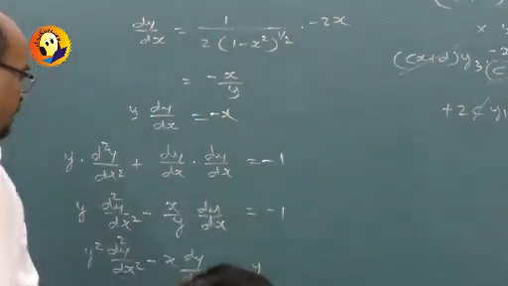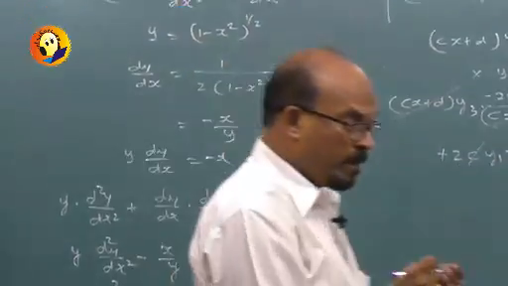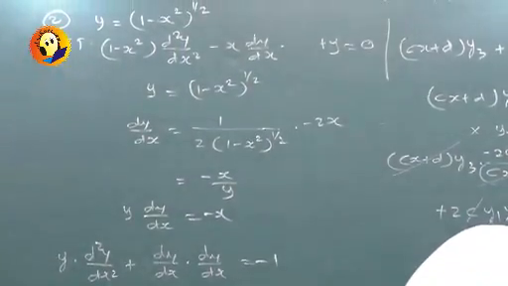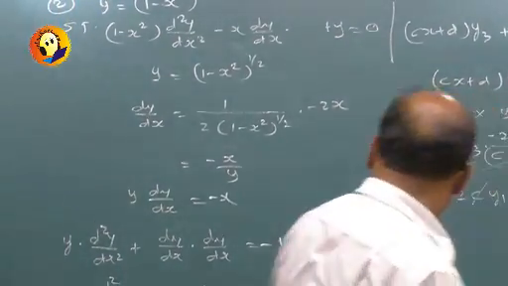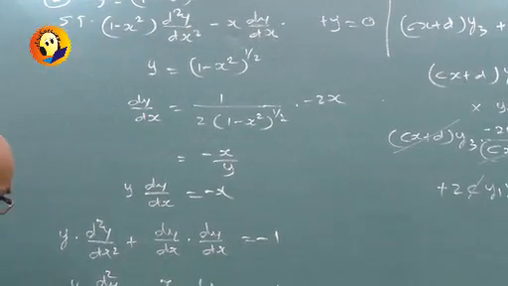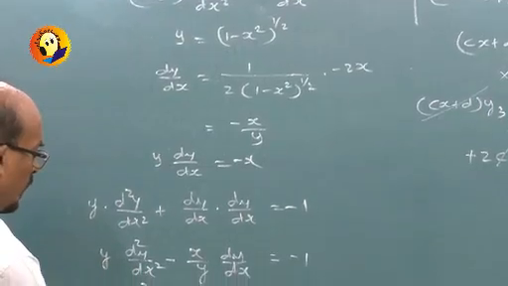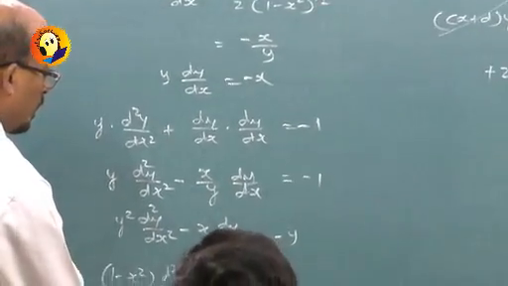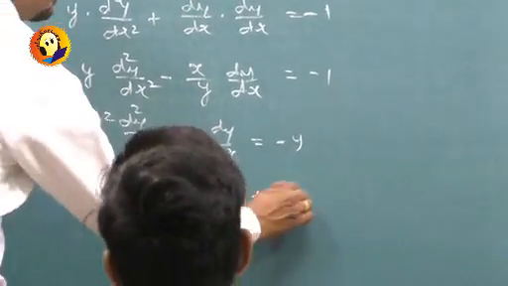It's not there. Right. And so we get it as (1 minus x square) d2y by dx square minus x dy by dx plus y equal to 0, proved.